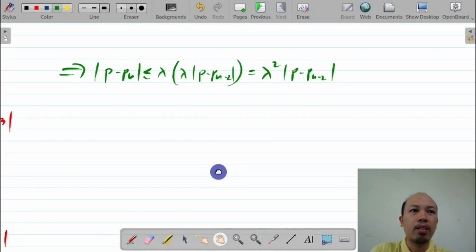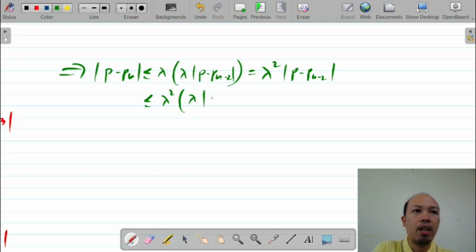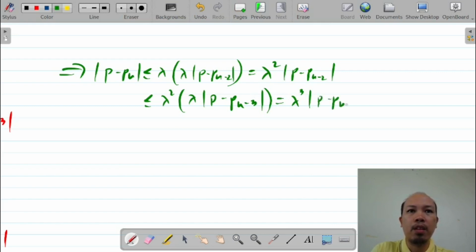So this is very easy to analyze. We have lambda squared replaced by lambda times the absolute value of P minus P sub n minus 3, and this will become lambda cubed times the absolute value of P minus P sub n minus 3.